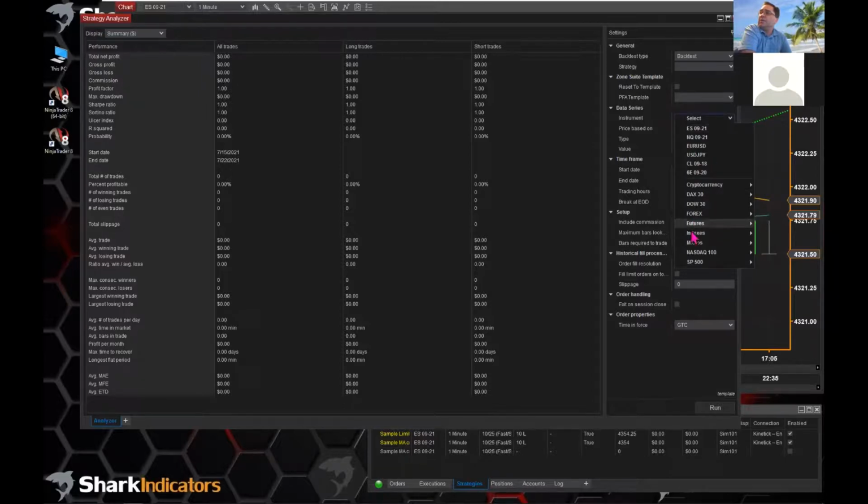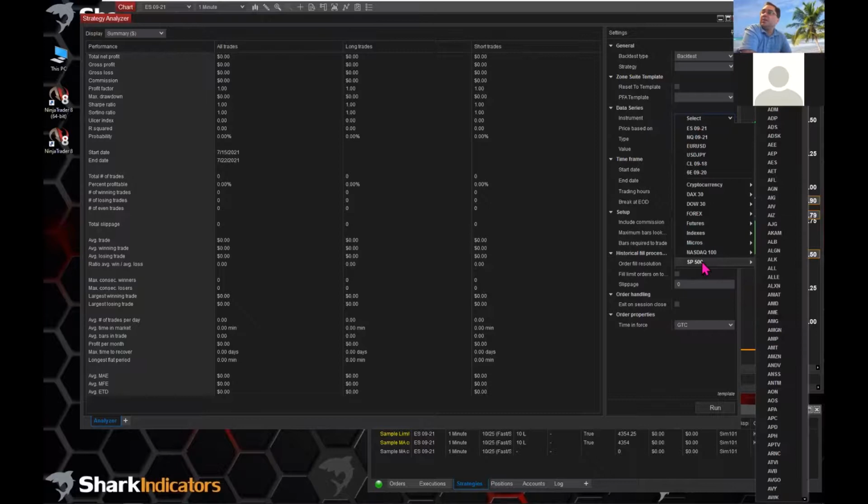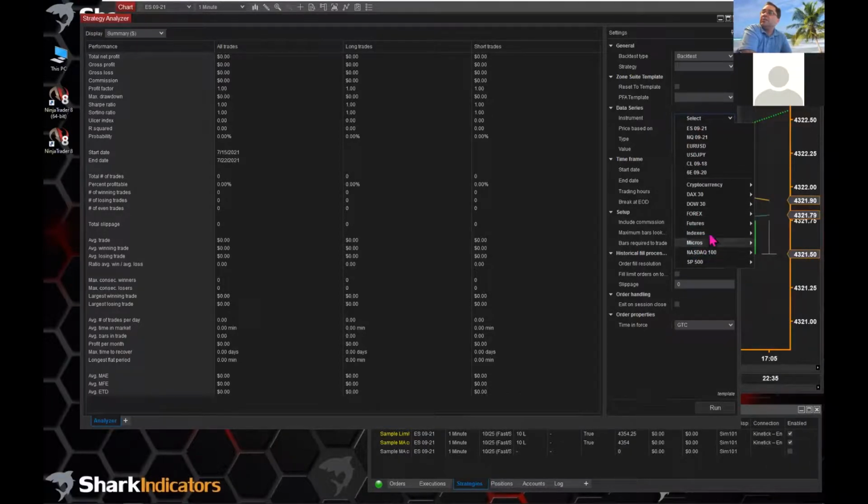If you only want to backtest certain stocks, you'll need to create your own custom list right within the data series manager. Within the data series manager, you can create your own custom list and select that custom list there.